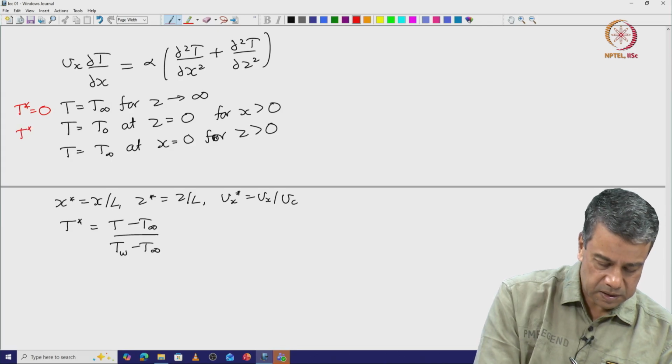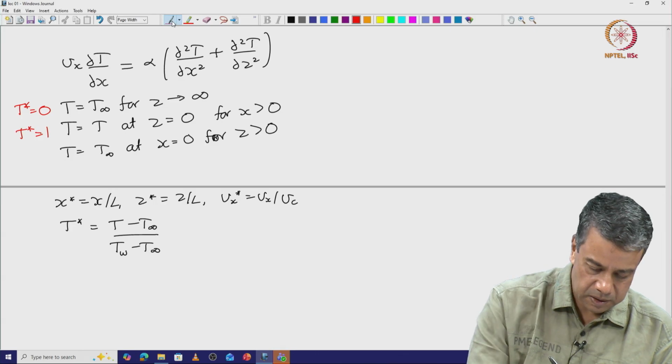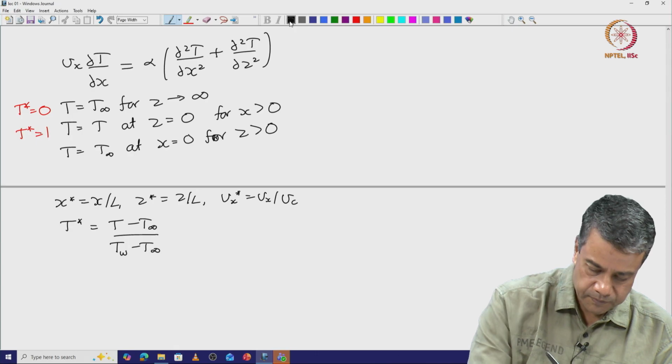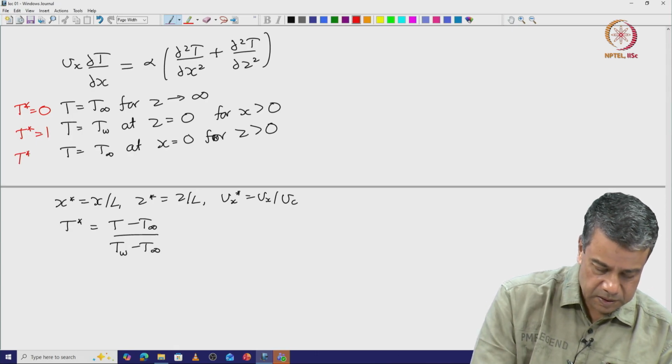This is T star equal to 1. I am sorry, this should be the wall temperature, not T naught. And this one is T star equal to 0.